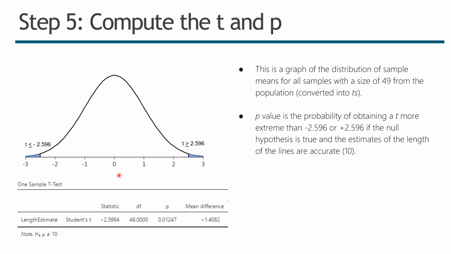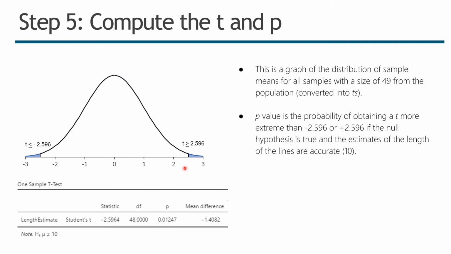So if I were to take a sample from this population with a size of 49, I would expect to get a t that's greater than 2.596 or less than negative 2.596, 0.012 or 1.2% of the time. Right?